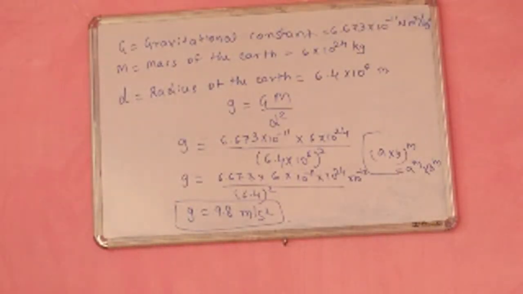So this is the method of deriving the value of small g.